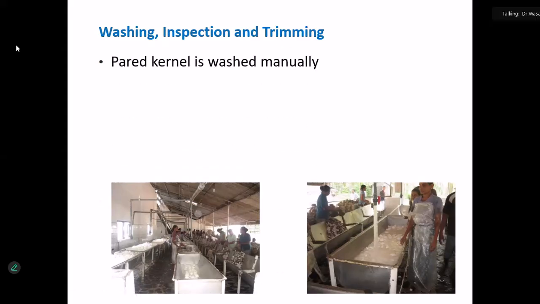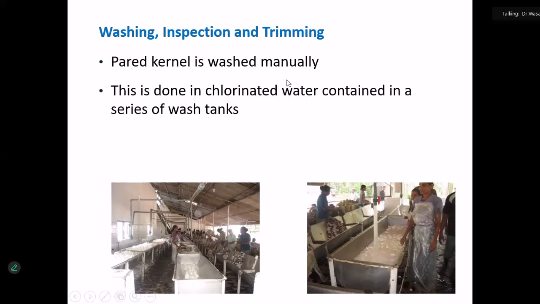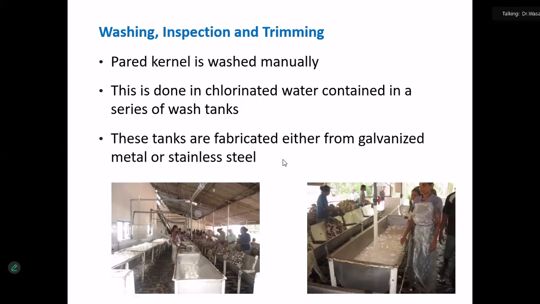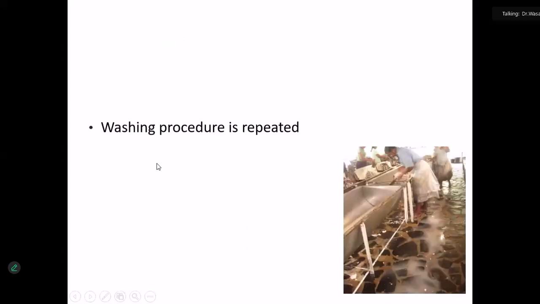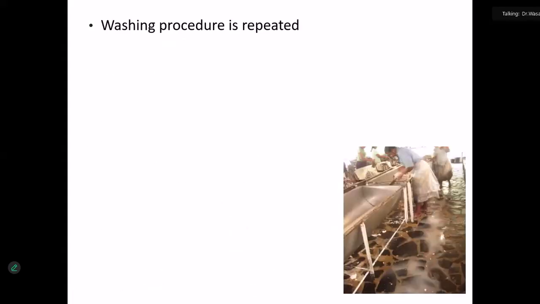Now you can see here, the paired kernel is washed manually in chlorinated water contained in a series of tanks. The tanks are either galvanized or stainless steel. Then, as I mentioned, washing is repeated.